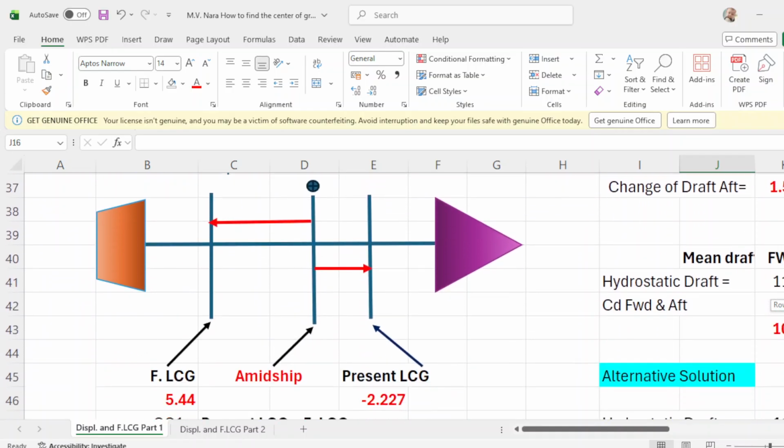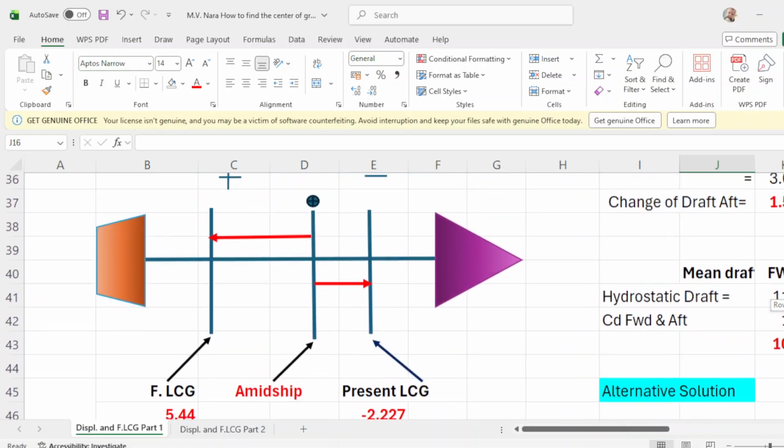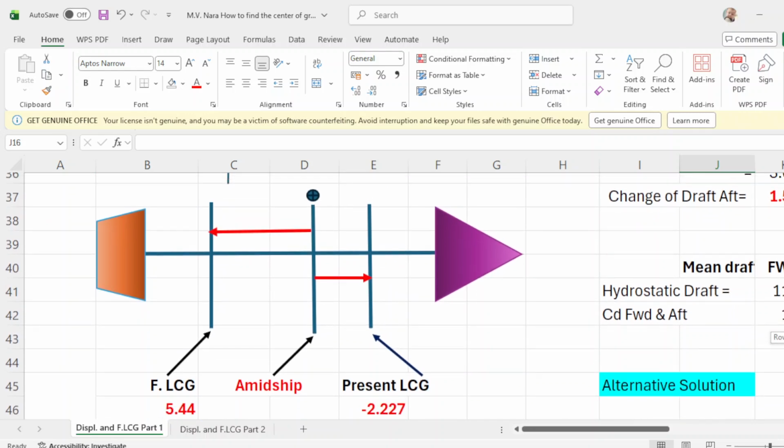Now I will explain this. This is your amidship. Amidship measured forward is your present LCG, and measured backward is your final LCG. Your present LCG is negative 2.27, so from amidship you measure forward about 2.27 meters.